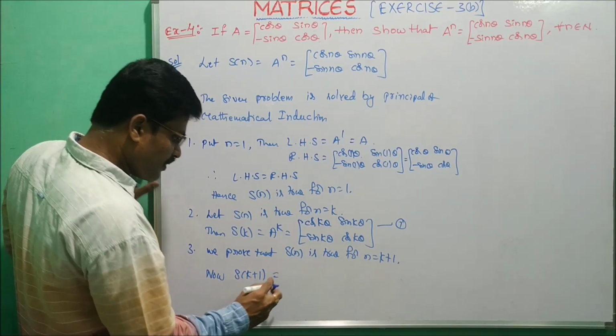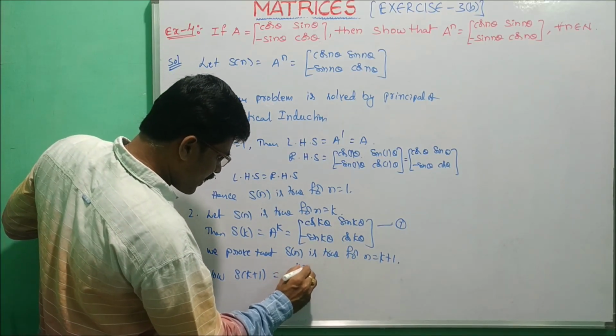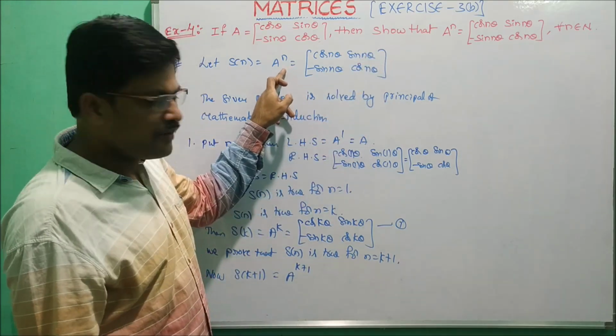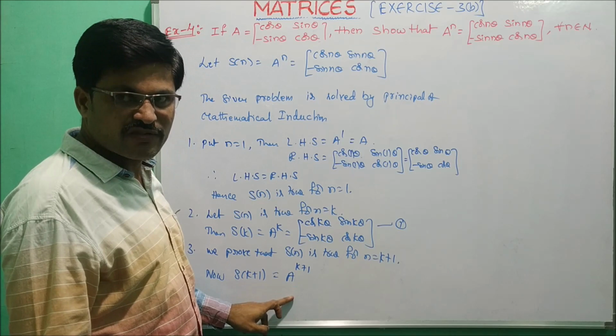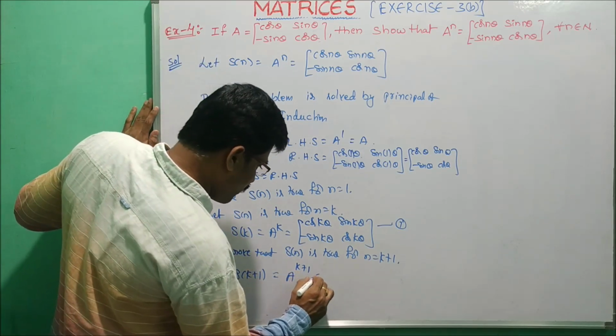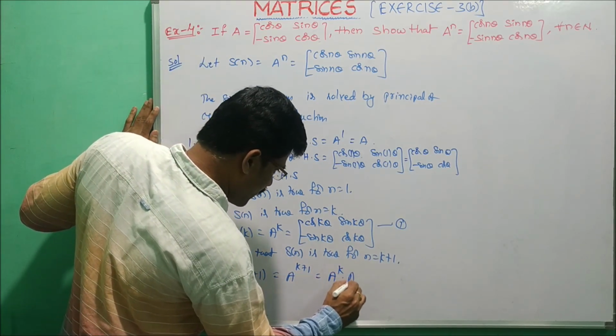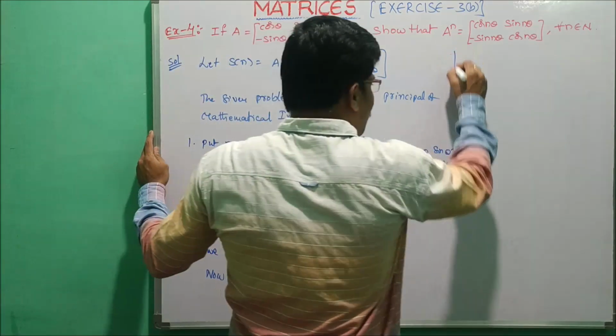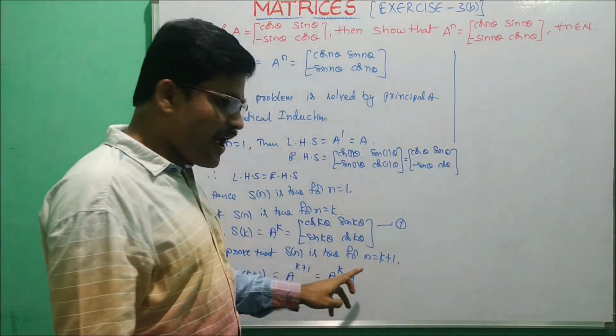Here S of k plus 1 means A power k plus 1, since S of n equals A power n. Therefore S of k plus 1 is also equal to A power k plus 1. A power k plus 1 can be written as A power k into A. Now here substitute A power k and A.